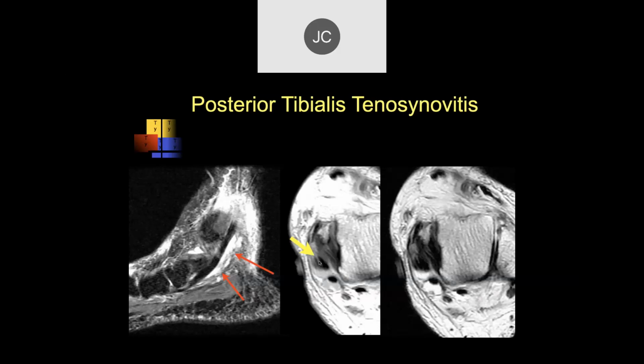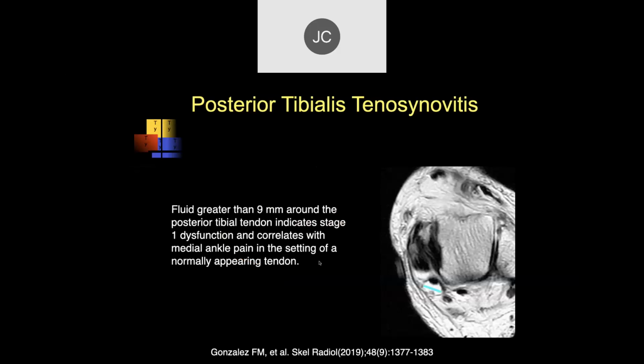Posterior tibialis tenosynovitis is common and significant. If you look for the amount of fluid here, this was a study where they looked at how much fluid is too much fluid. Here they said if you measure 9 millimeters along the PTT, and this is actually in the digitorum, less than that is abnormal fluid in the digitorum as well.